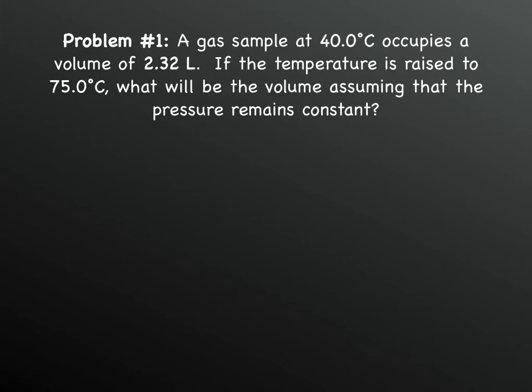With our first example, when you read the problem, find the data and the unknown. Notice that here we have 40 degrees Celsius is one piece of data that's given. A second one is 2.32 liters. Then 75.0 degrees Celsius.